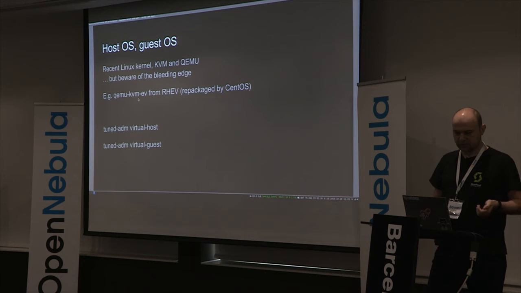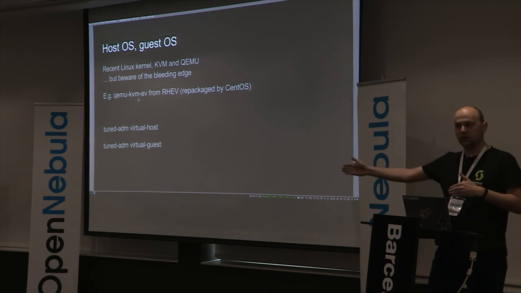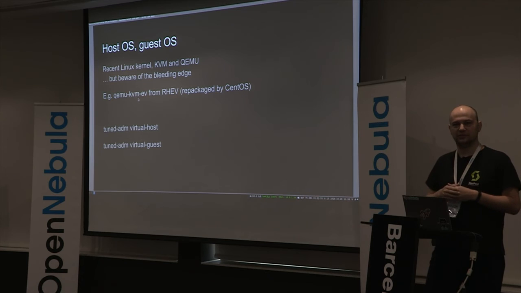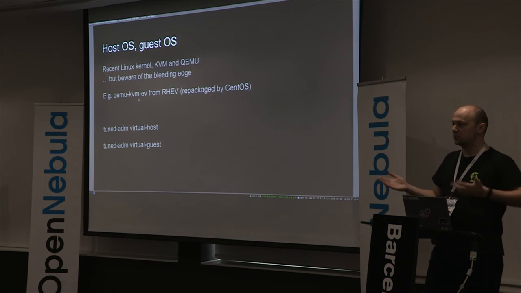In our experience, QEMU-KVM-EV from Red Hat Enterprise Virtualization has been quite good for us. They are newer and more bleeding-edge versions of QEMU, but use at your own risk, basically. They're not so widely used, so not so widely tested.